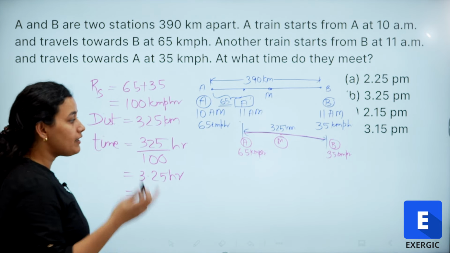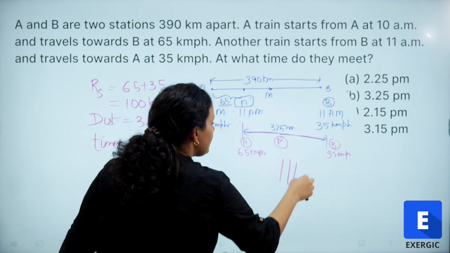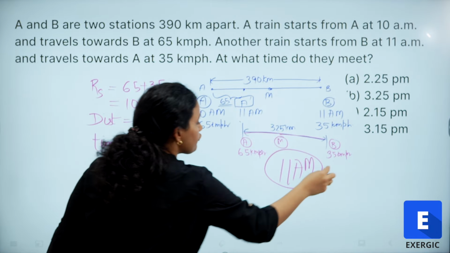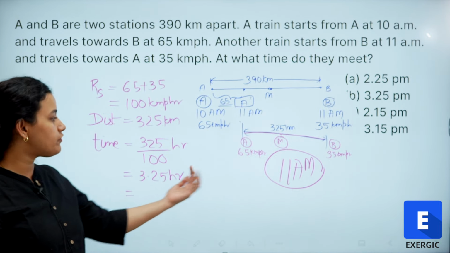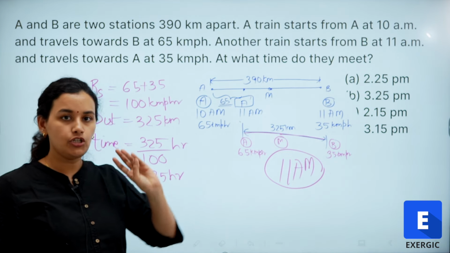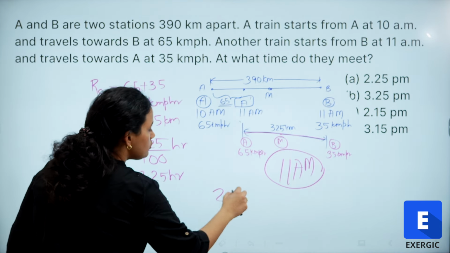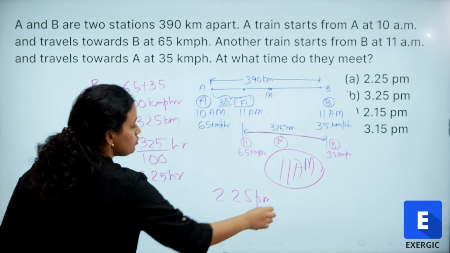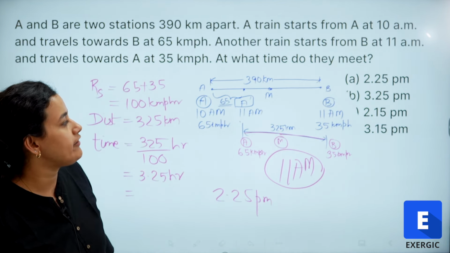Remember we are now calculating from 11 a.m. So 3.25 hours from 11 a.m. So what will it be? 12, 1, 2, right? So 2.25, 2:25 p.m.